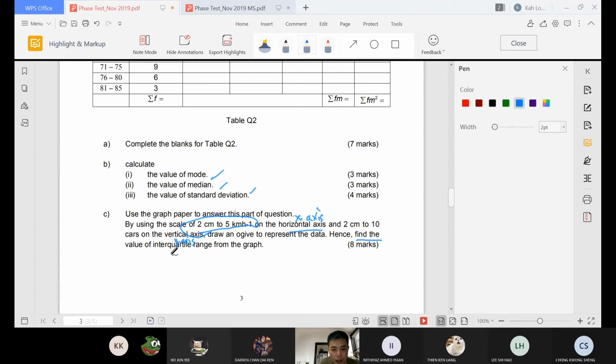You need to find the interquartile range, so you take the upper quartile minus the lower quartile. So draw the ogive. For the ogive you need the upper boundary and the CF. Upper boundary is the x-axis, CF will be the y-axis. Follow the instructions and draw the graph.